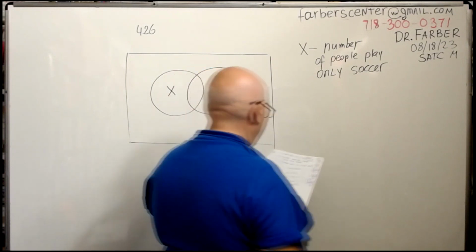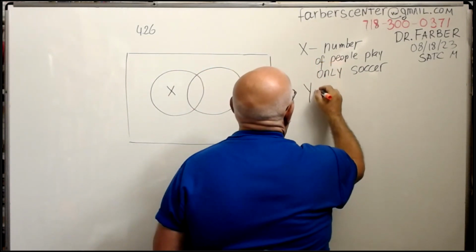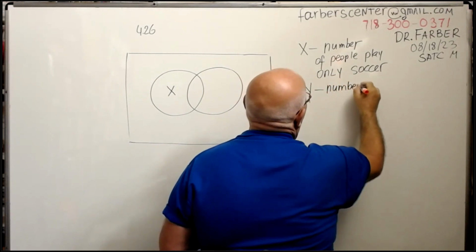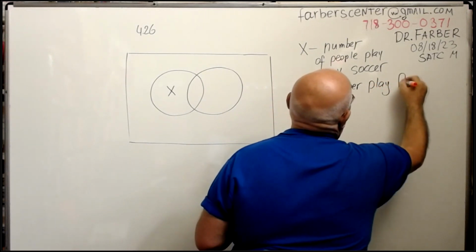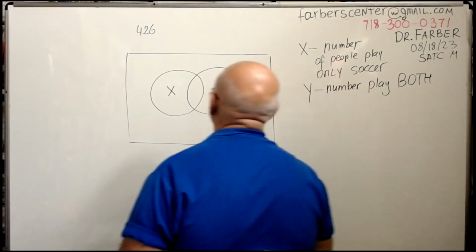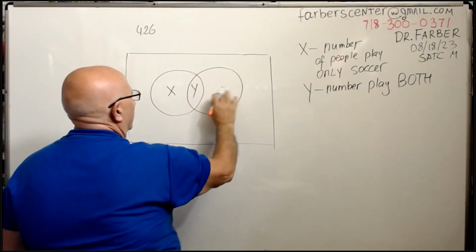What else is given? Let's say y is number play both. I put this one. And both you always put here what? In intersection area.